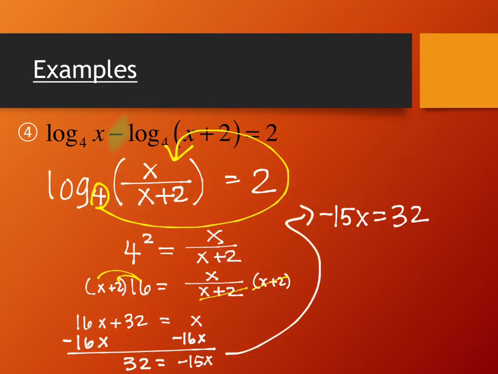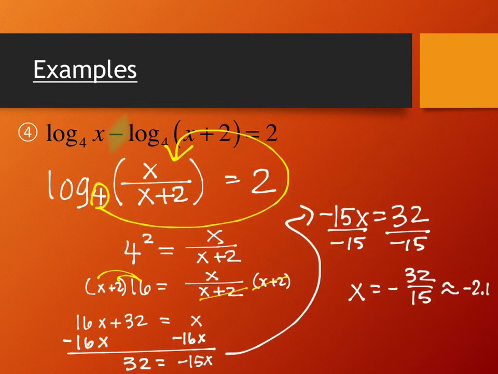Yep, divide by negative 15. So x is equal to negative 32 over 15. Let me get a decimal for it. So it's approximately negative 2.1.